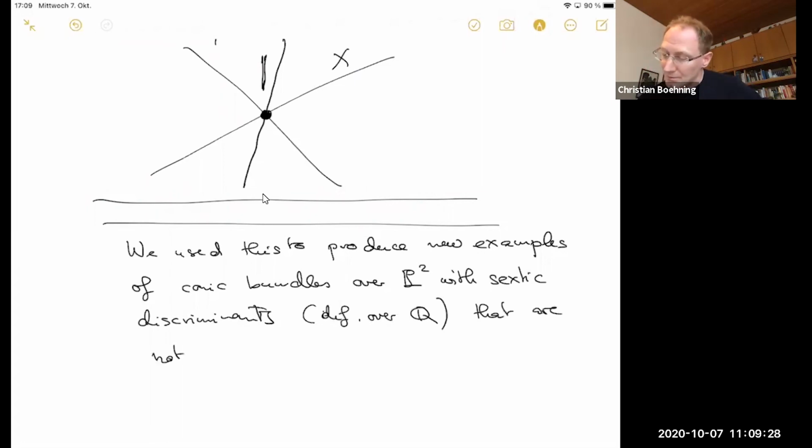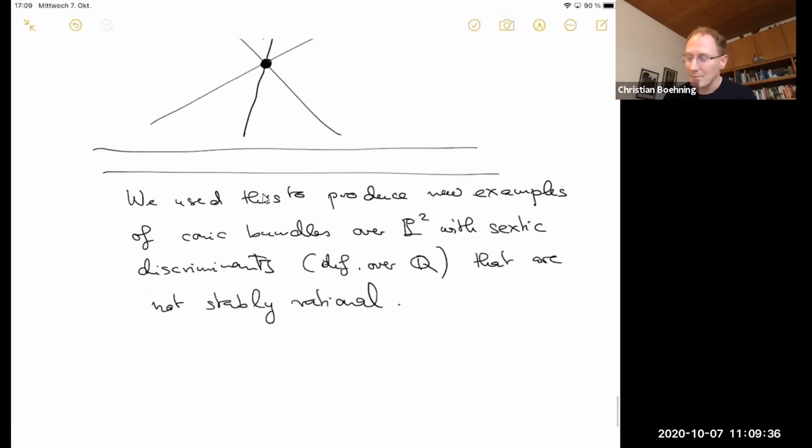Now, of course, the very general such is not stably rational, but this is not what I'm talking about. What I'm talking about is that we can write down explicit special conic bundles having sextic discriminants.